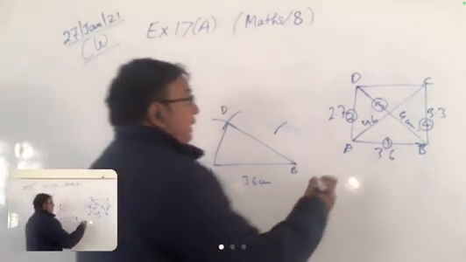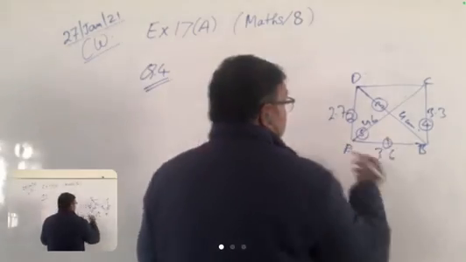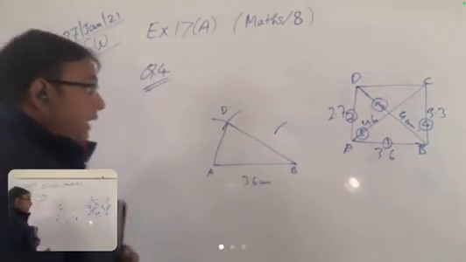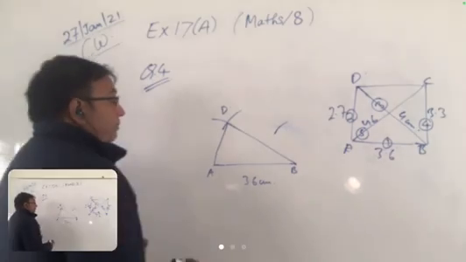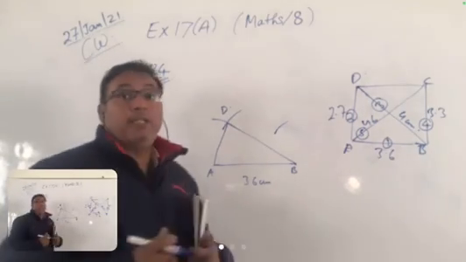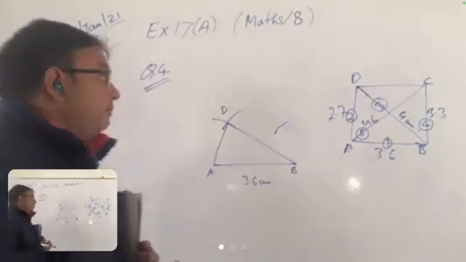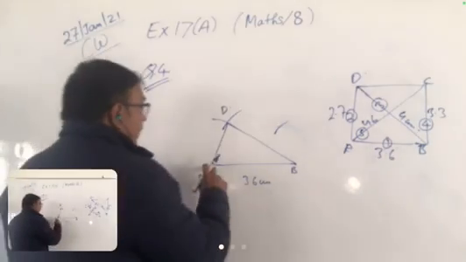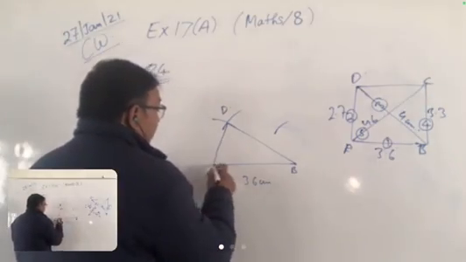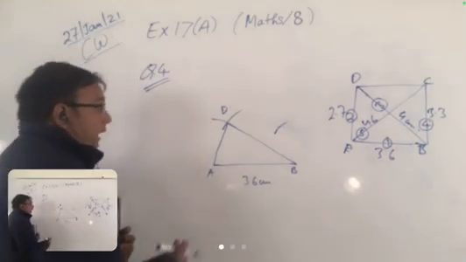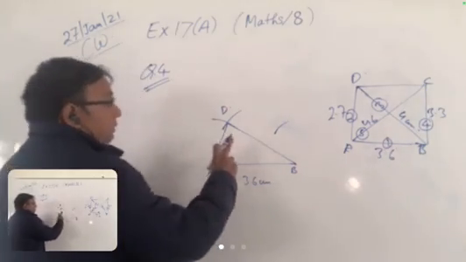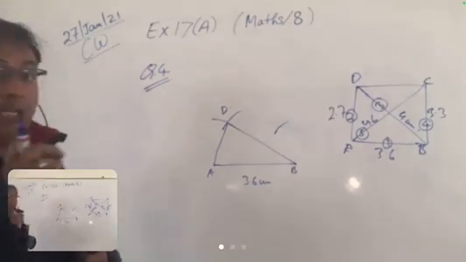After that, we can draw the last part, that is the diagonal AC. So take a radius of 4.6 centimeter in your compass.